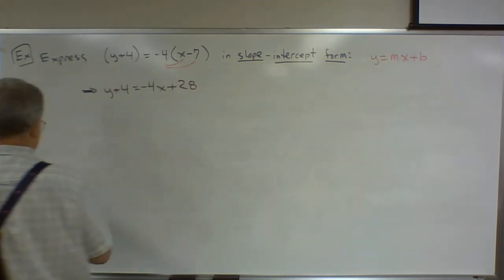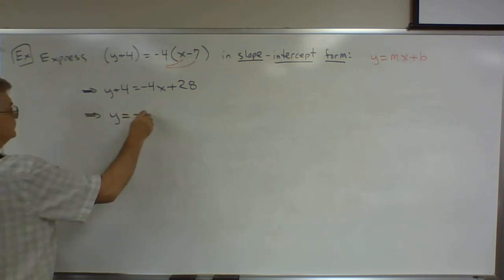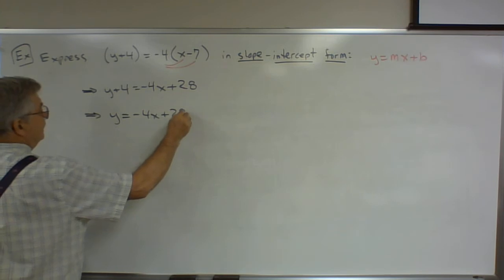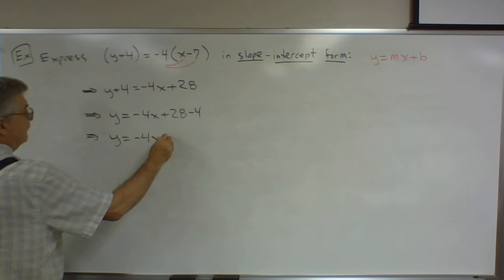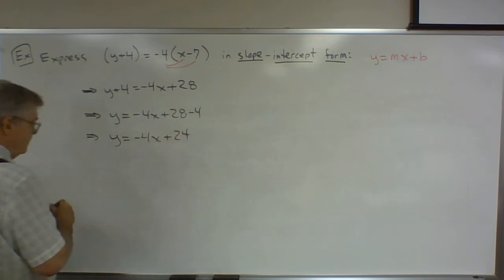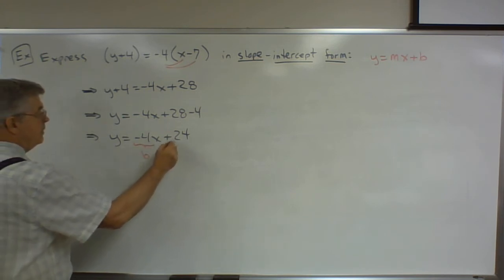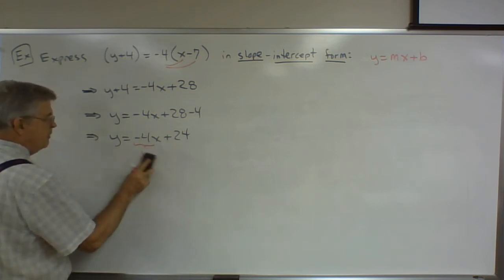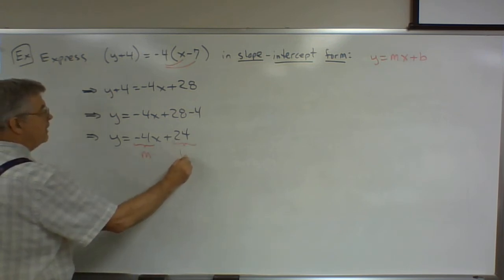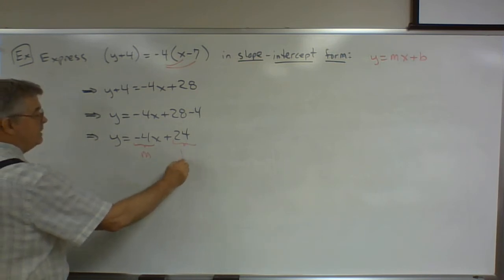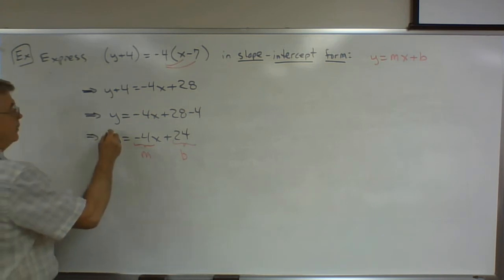So I'll subtract 4 from both sides. Holy moly, we're done. Here is our slope. And in a perfect world, we denote slope with an m. And here's our y-intercept, b. So we are done.